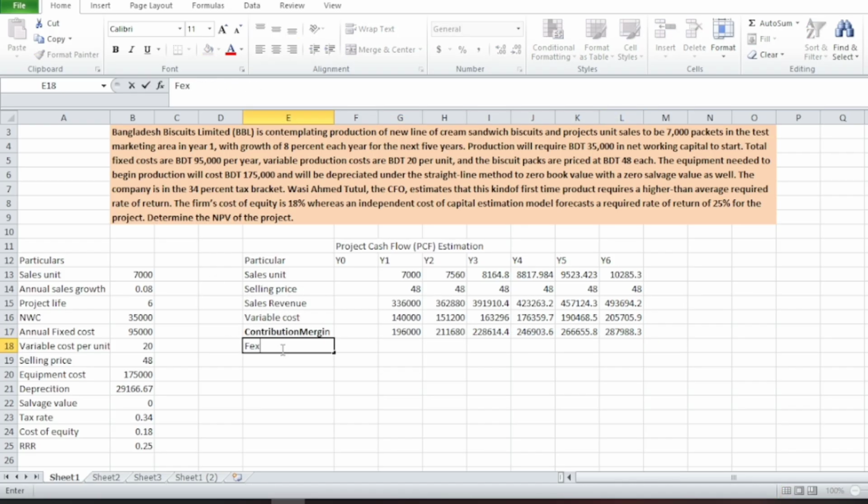Now we will write down the fixed costs of each year so that we can deduct them from the contribution margin, which is 95,000, again using a cell. Now we will deduct the fixed cost so that we can find our EBITDA: contribution margin minus fixed cost.